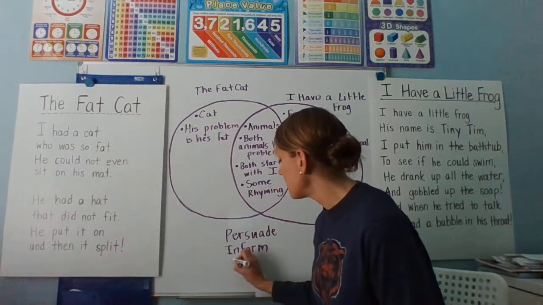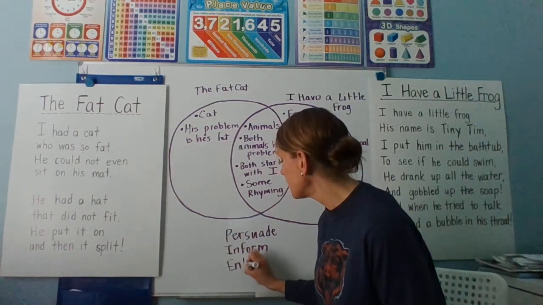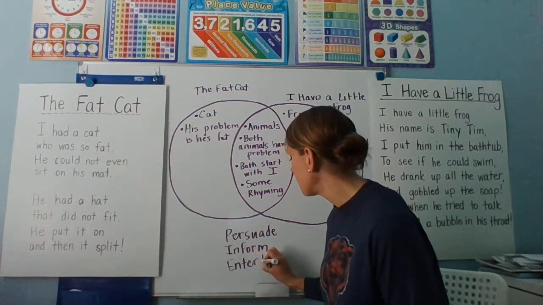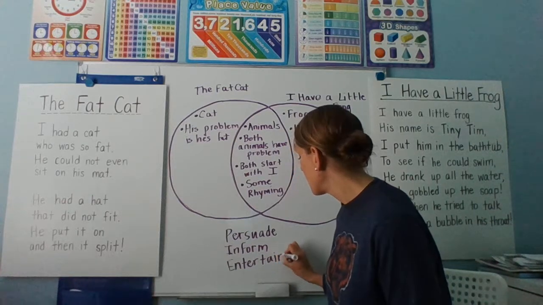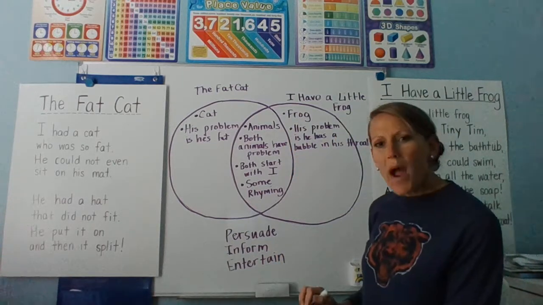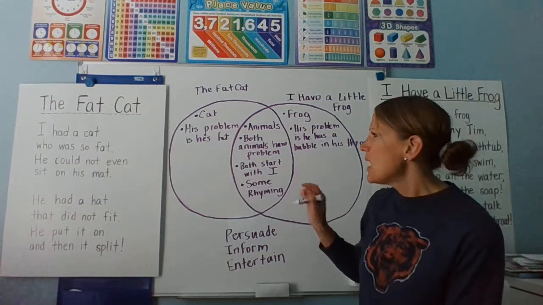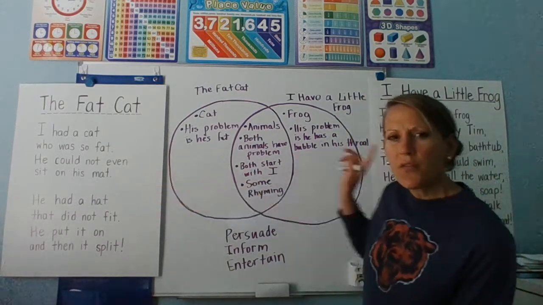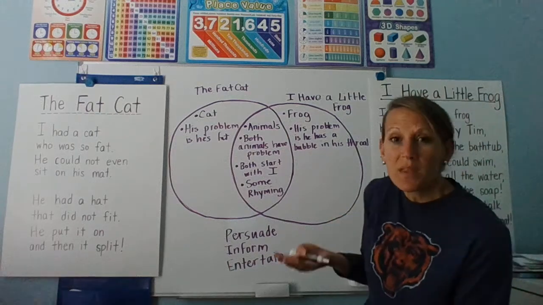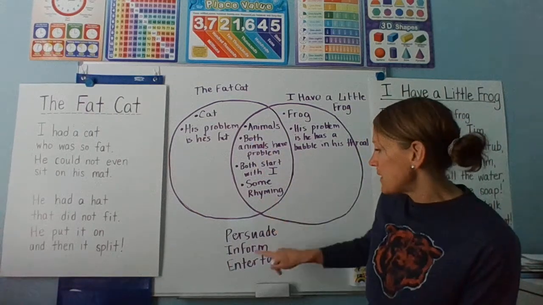And other times they're trying to entertain us. Wait, isn't that spelled with an A? No, entertain. So why do we think the authors wrote these poems? Is there a different purpose between these, or do we think they have the same purpose?